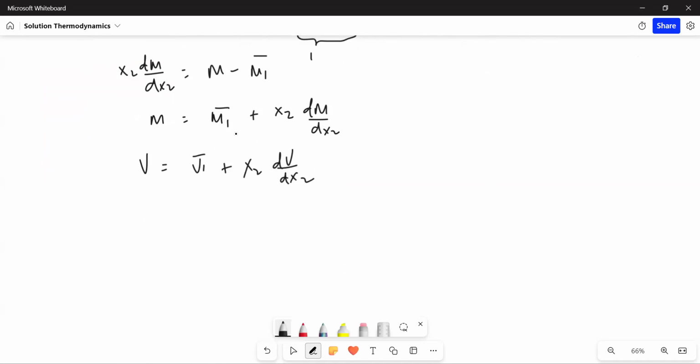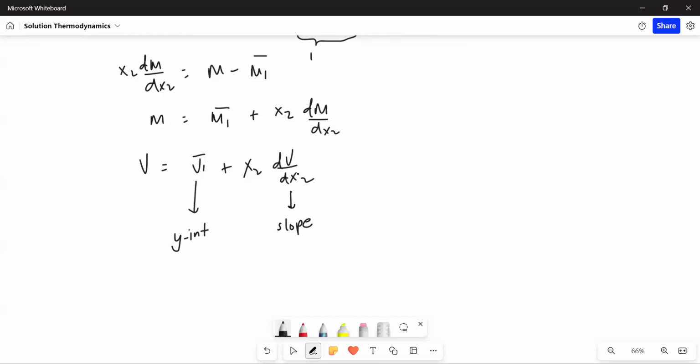This equation actually looks like the equation of a line, wherein this is the slope and this is the y-intercept. So when we plot V versus x2, V1 bar is the y-intercept and this is the slope.